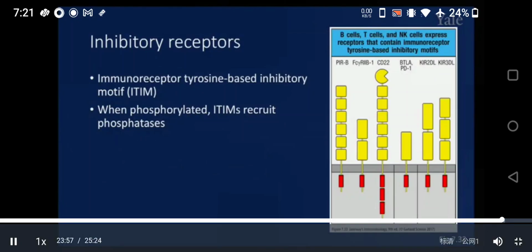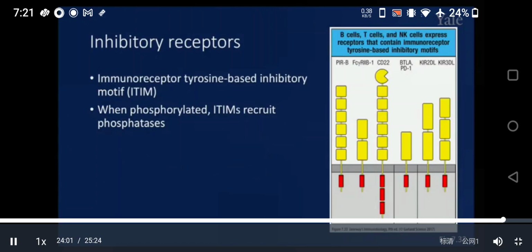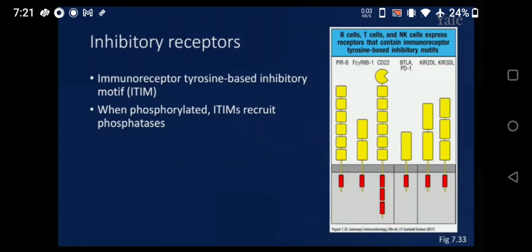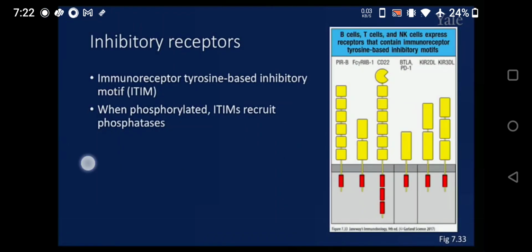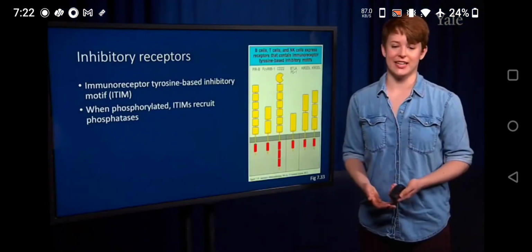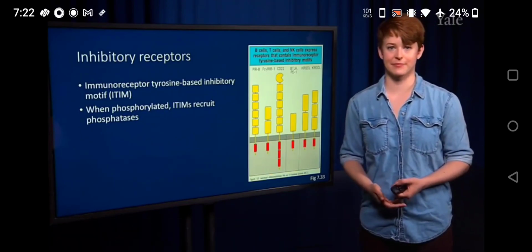And so when phosphorylated, these ITIMs actually recruit phosphatases, which counteract the activity of kinases. So then these phosphatases come and start taking off phosphate groups and deactivating proteins in the signaling cascade. So that's how you get the inhibitory effect.